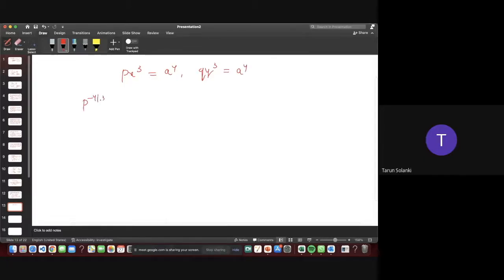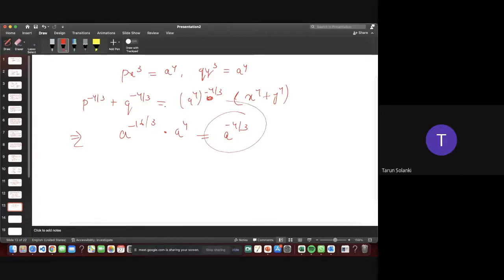P^(-4/3) plus Q^(-4/3) is equal to a^(-16/3) times x1^4 plus y1^4. So finally what we will get is a^(-16/3) times a^4, which is a^(-4/3). So yes, this is our answer.